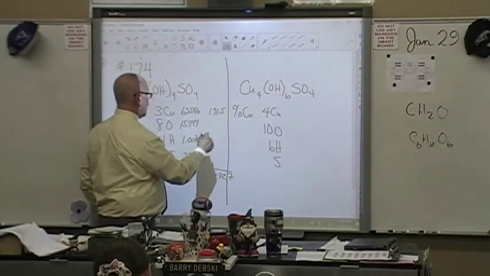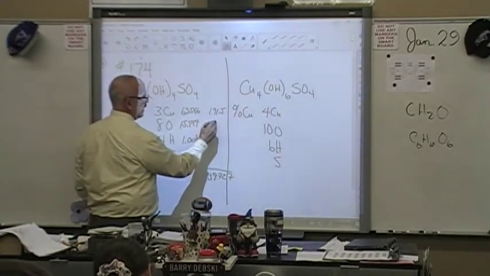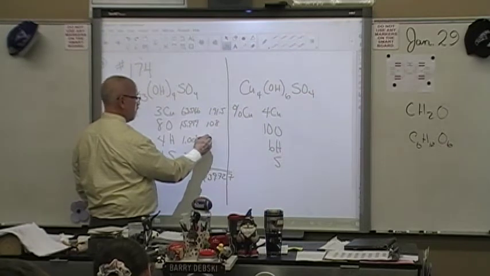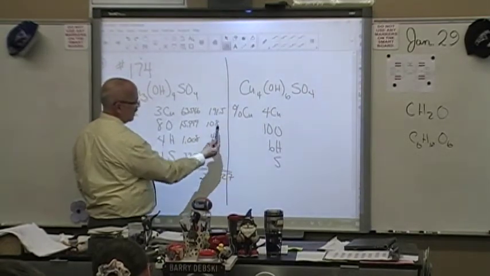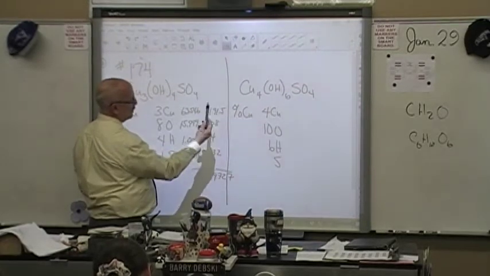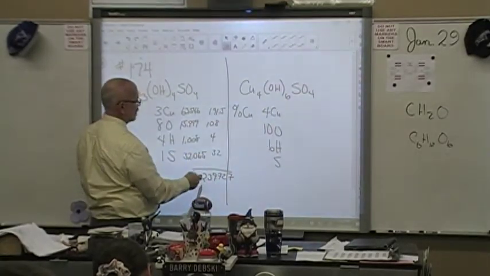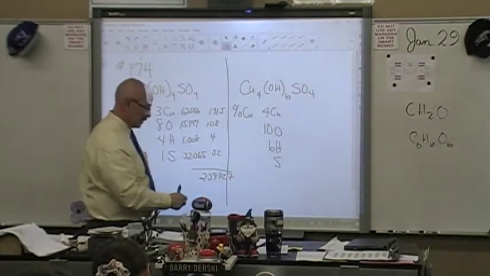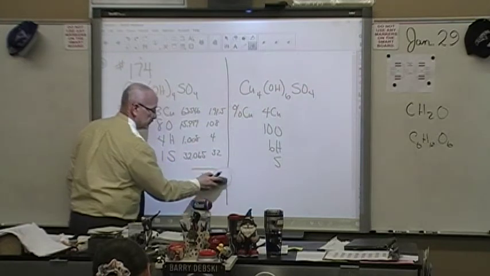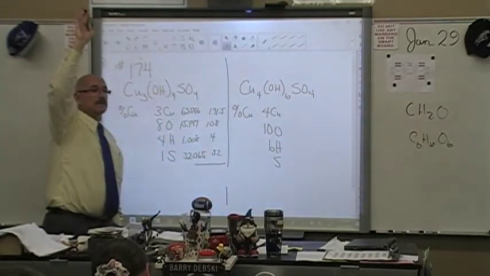I'm rounding this off. 16 times 8 is 80 plus 48, 108. That's going to be 4 roughly, and that's going to be 32. So I got 8, 12, 14, 16, 100, 200. Yeah, it's going to be over 300. Something went wrong here. Somebody?